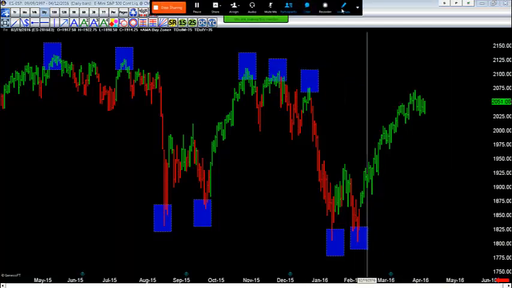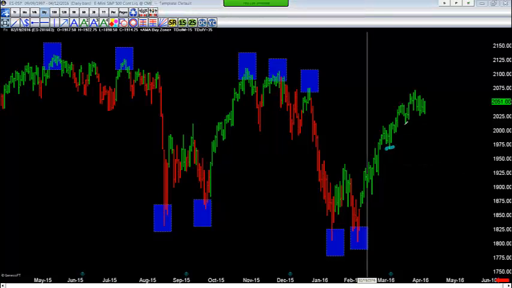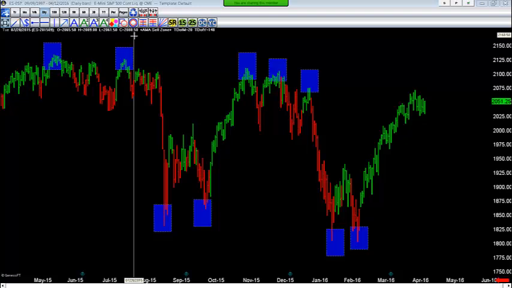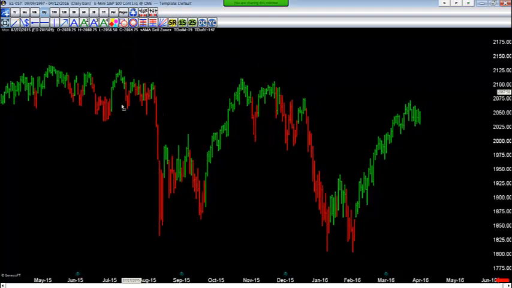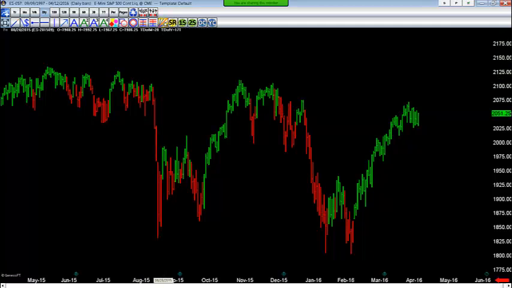Don't go doing them from all over the place. Okay? Do them from the main swings. What I like to do to stay organized is I do all tops first or all bottoms first.